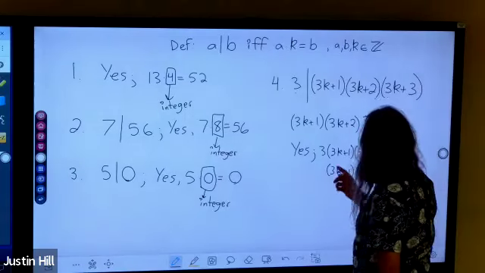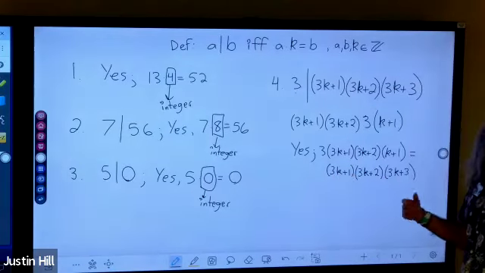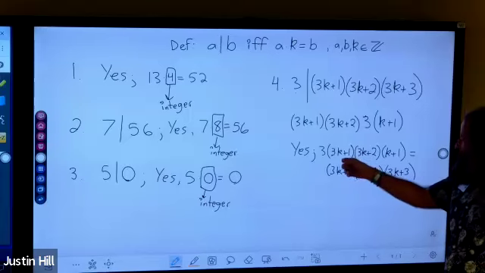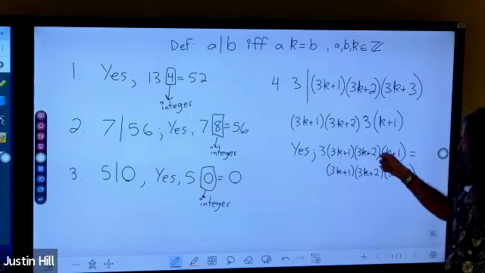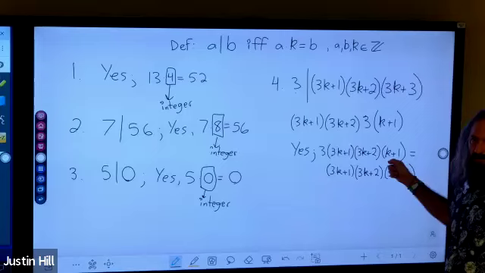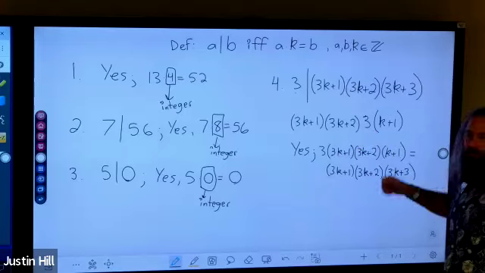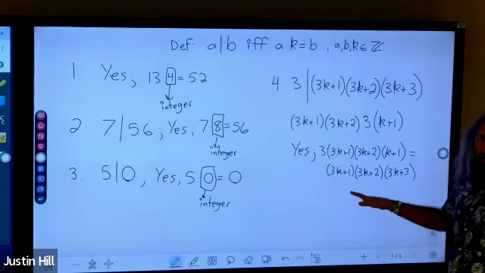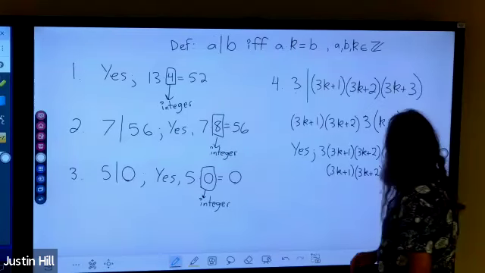And it is because of sums and products of integers. So I'm not really going to shortcut it, but we can kind of see that each of these individually, like I just mentioned, is an integer because of sums and products of integers. And then I'm going to multiply those 3 integers together. So the whole thing is sums and products of integers.